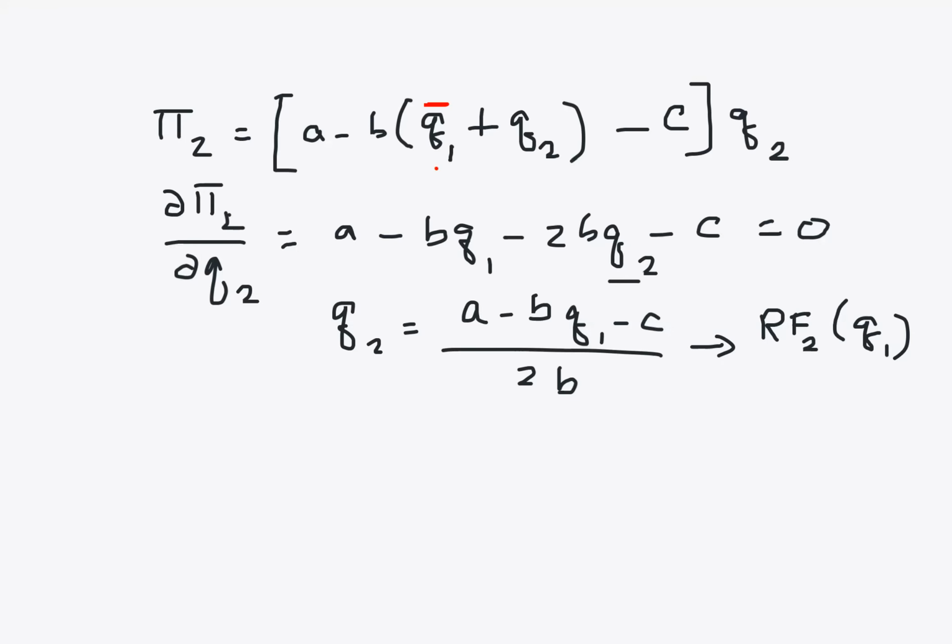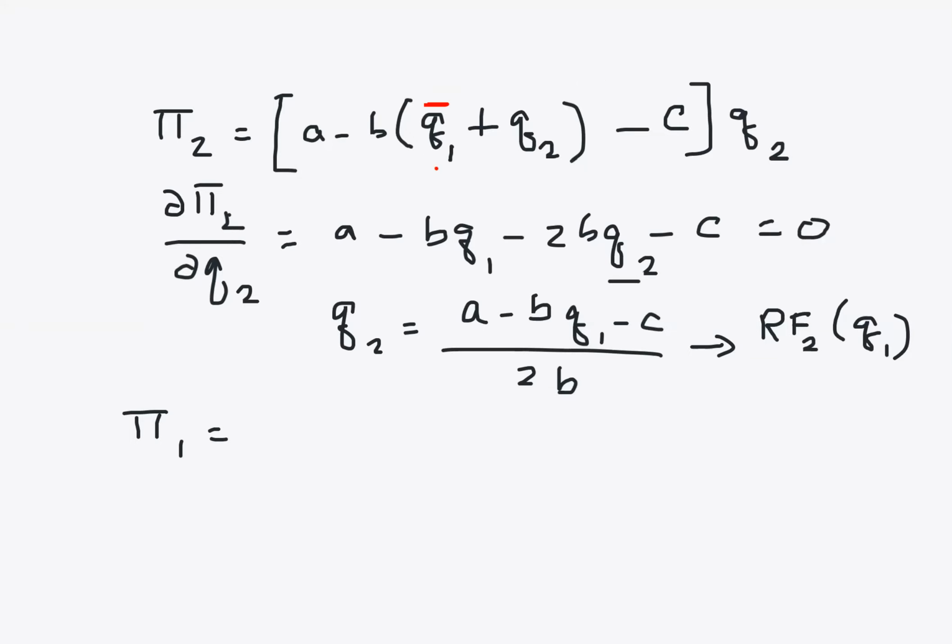So to write down the profit function of firm 1, what we do is still total revenue minus total cost. But here, instead of the quantity choice of firm 2, we just substitute it with the reaction function of firm 2, because firm 1 has to anticipate how firm 2 is going to react to its output choice.